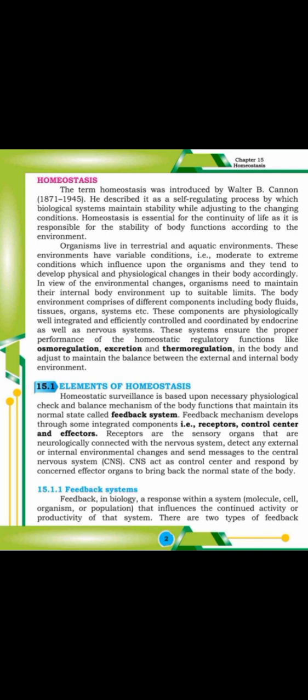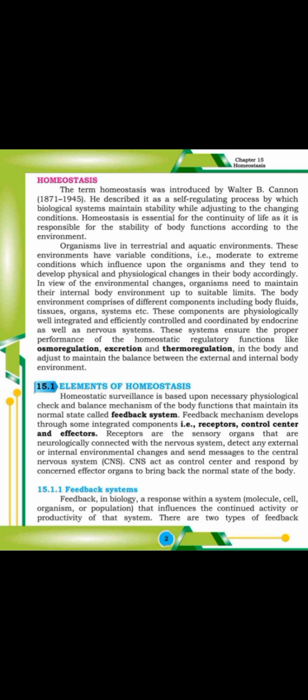And then that control center responds by concerned effector organs to bring back the normal state of the body. So these are the elements of homeostasis.